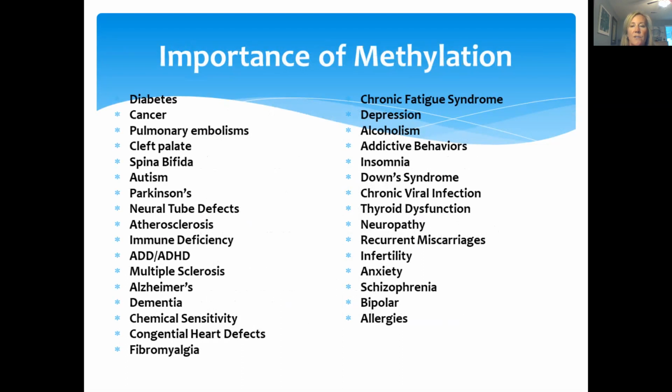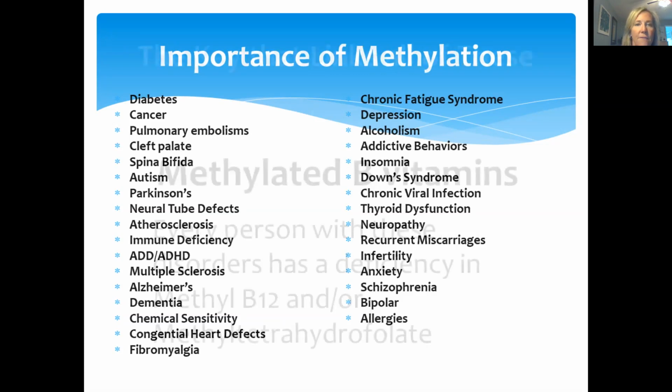But we're seeing just an incredible amount of infertility now, miscarriages, chronic fatigue syndrome, adrenal disorders, adrenal dysfunction, people on the ASD spectrum, ADHD, autism, multiple sclerosis, other demyelinating disorders, neurodegenerative disorders. I mean, the list goes on and on, guys. It's just huge, and methylation is integral to this. So even if you've never heard of this before, it would behoove you to learn more about it in your quest for a long and healthy life.